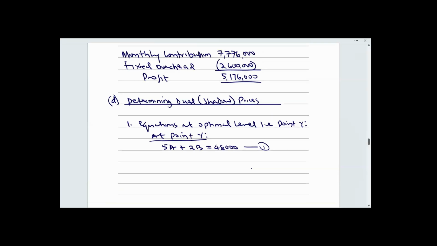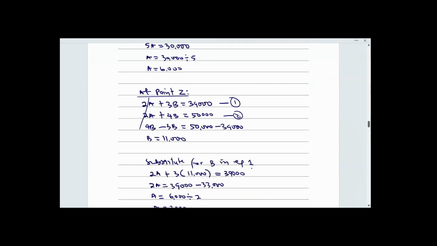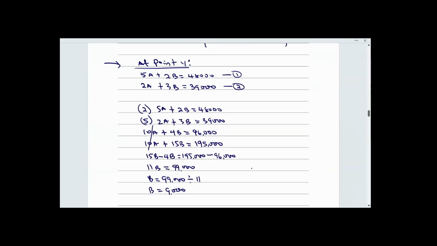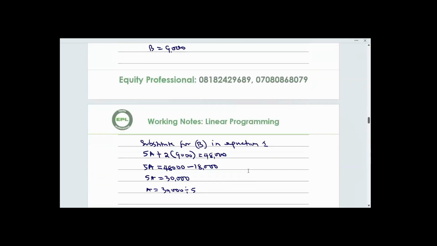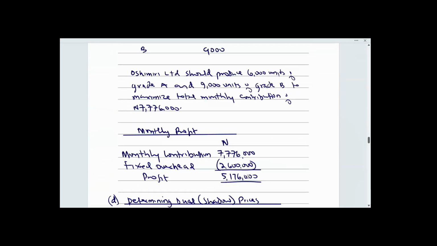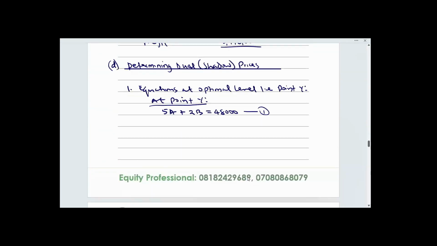Then the second equation at that point Y is 2A plus 3B equal to 39,000. That's equation 2. So these are the two equations that intercept at the optimal level of activity.